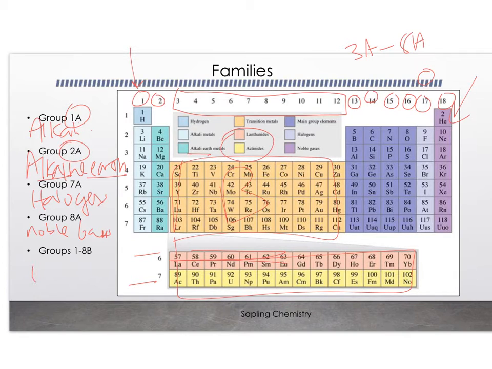And then your groups 1 through 8B, these are your transition metals. That's where your transition metals are, pretty much in the middle of the periodic table. So again, alkali metal, that's group number 1. Alkaline earth metals, group 2. Halogens are group number 7. And then your noble gases are in group number 8.